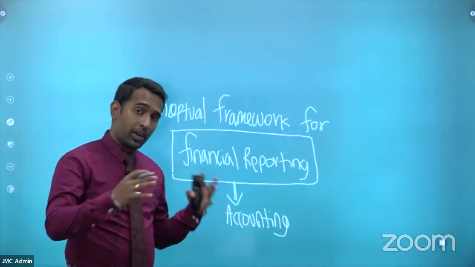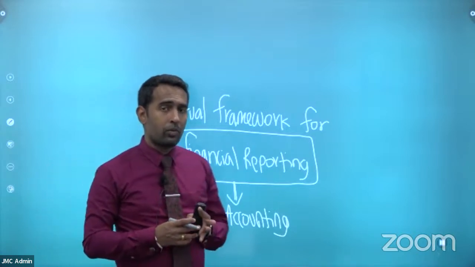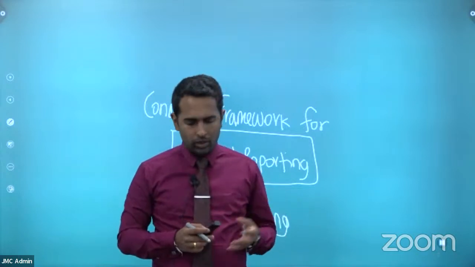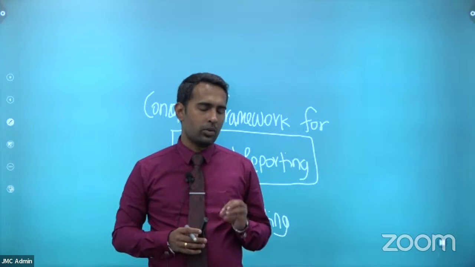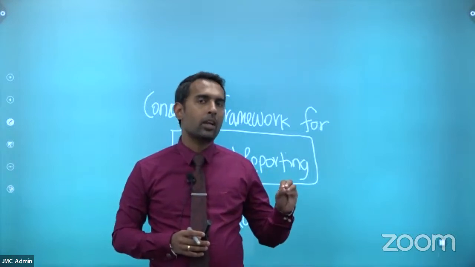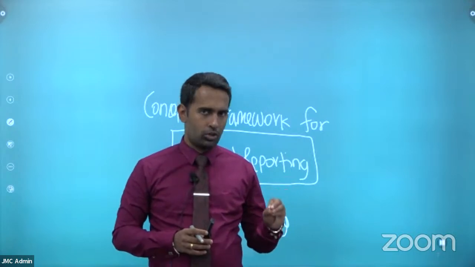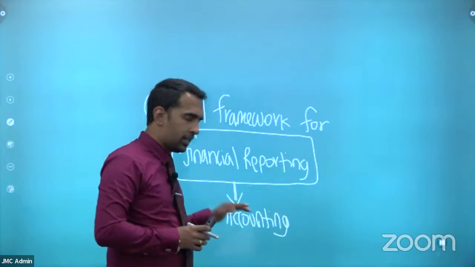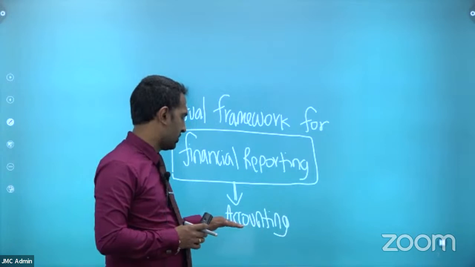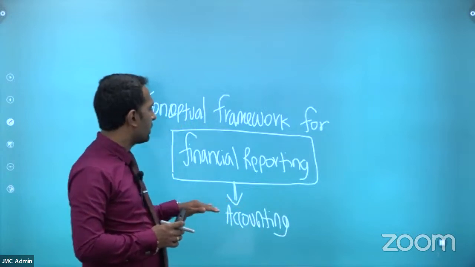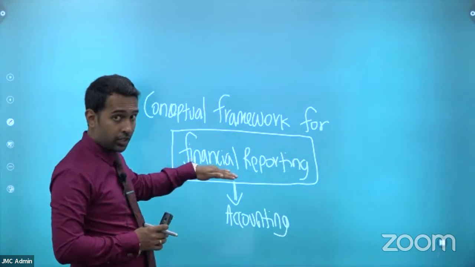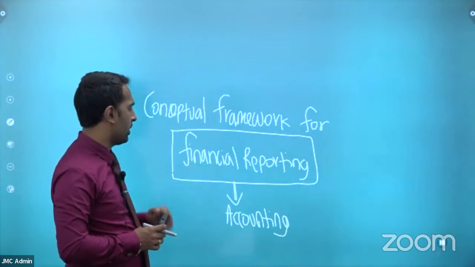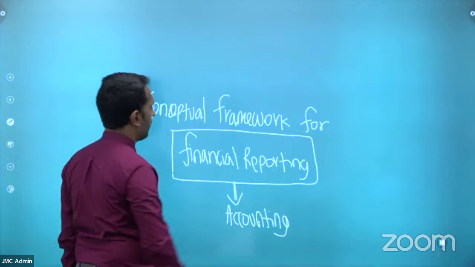We prepare the financial statements and we provide them to the stakeholders for them to take decisions. That is our main task, our accounting task. So here we are focusing on something regarding this financial reporting, or the accounting function.